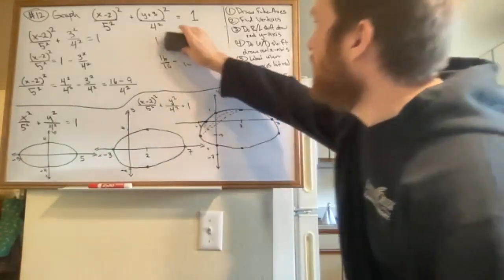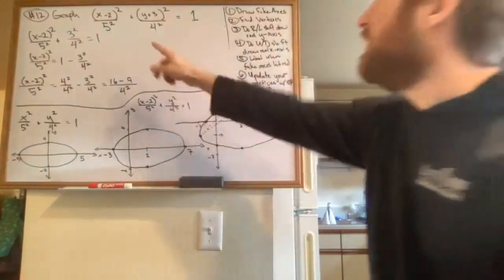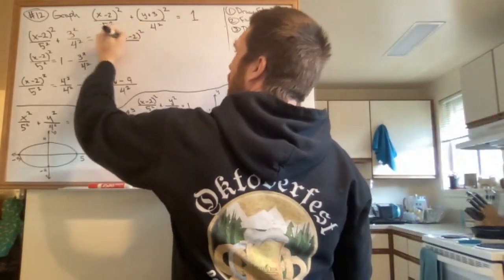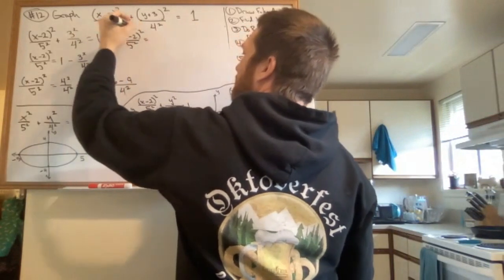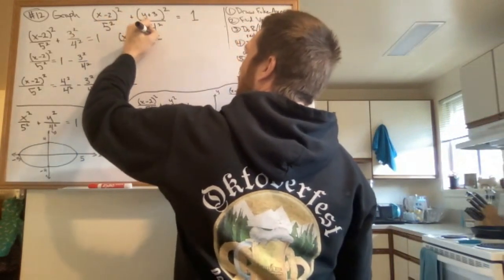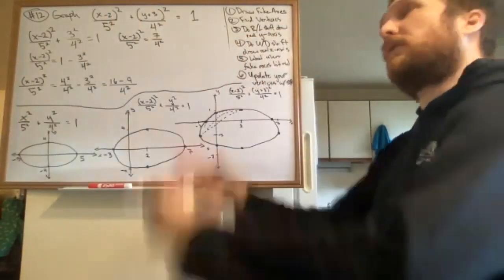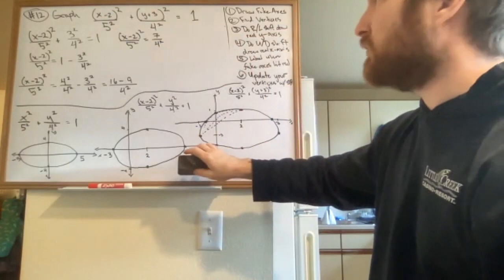Okay, and so, moving on, that gives me x minus 2 squared over 5 squared is equal to 7 over 4 squared. Or you can write it as 7 over 16. That's cool.